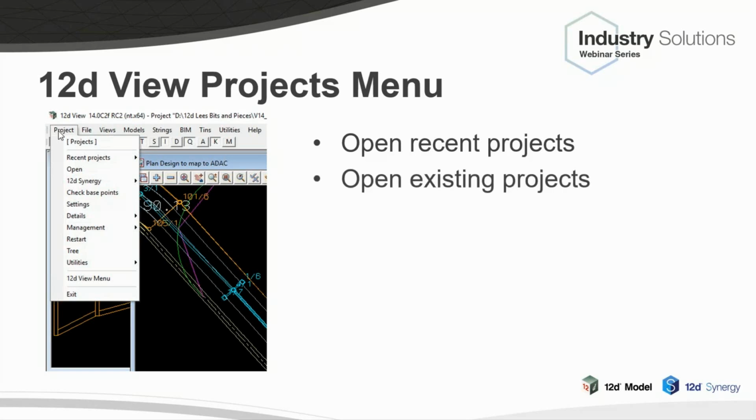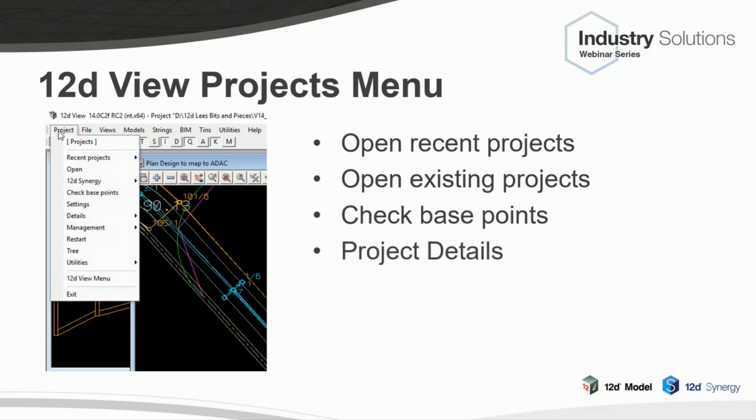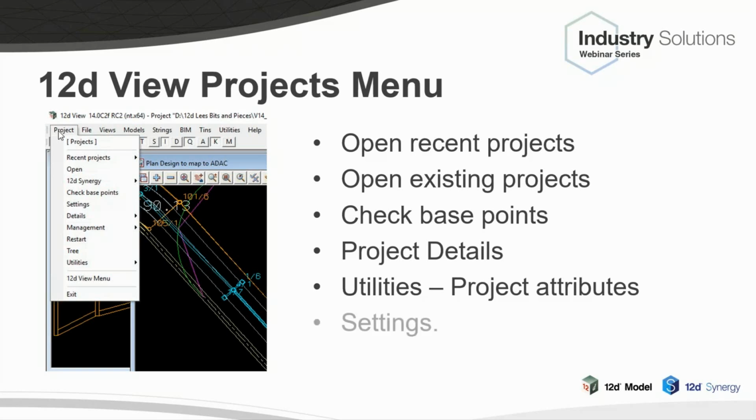You can open up existing projects by clicking on it just as you would in 12D Model. You can check the number of base points there are in the project. You can also look at project details, the information about the project. Under utilities, you can go and have a look at the project attributes. So all that sort of information is available to you from 12D View.